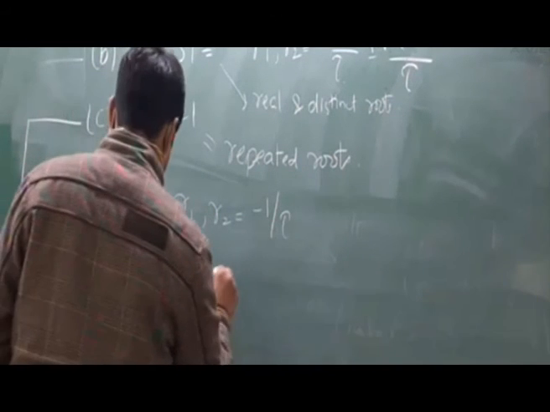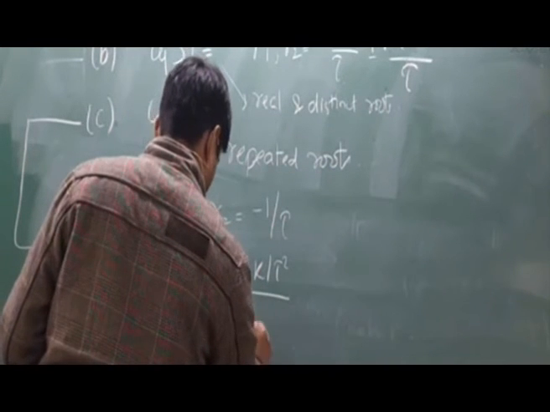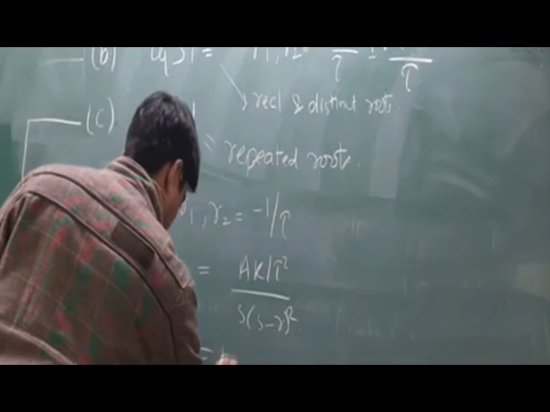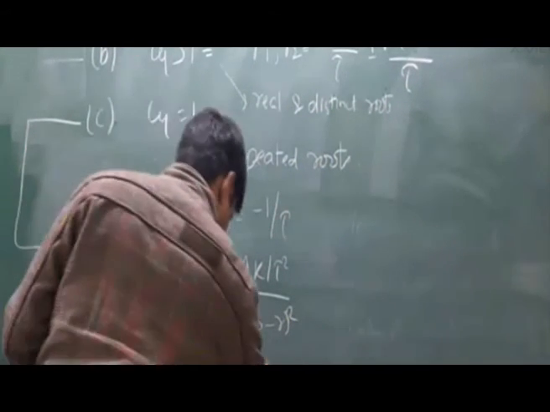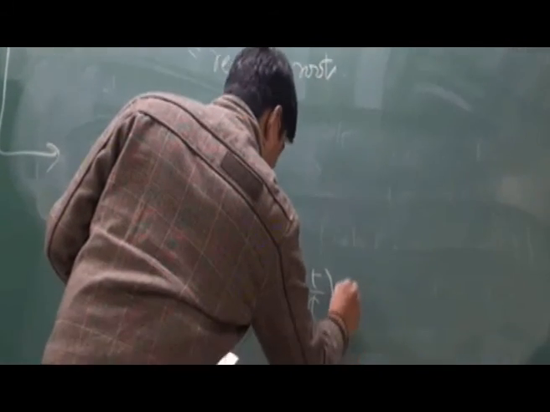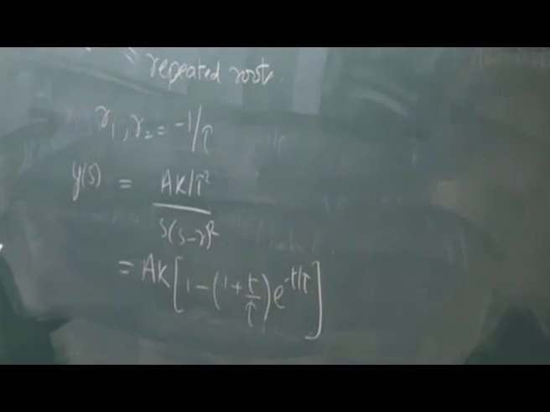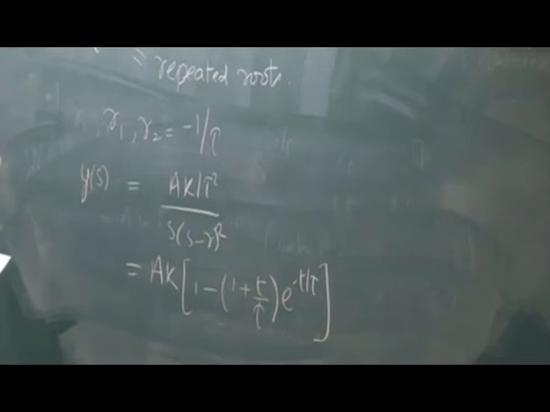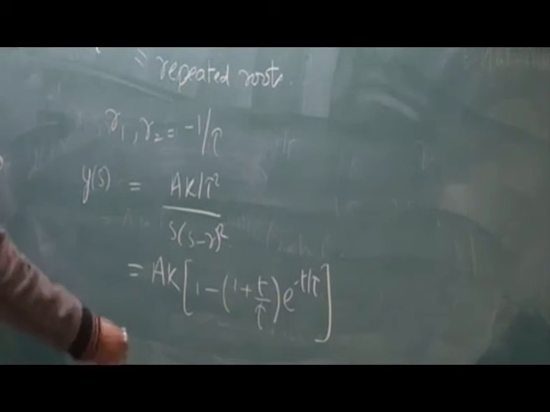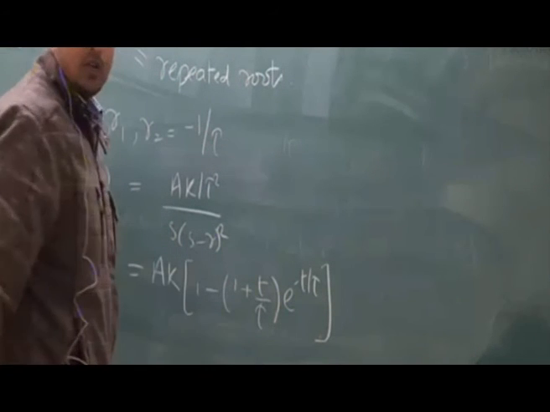In that case, y of s would be given by, okay, this is for the case xi is equal to 1. So here you will notice that we don't have any sine or cosine terms. So the system won't be having any oscillations.